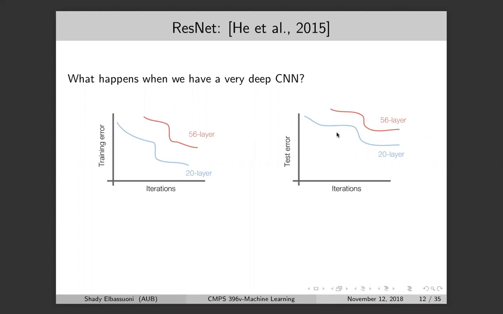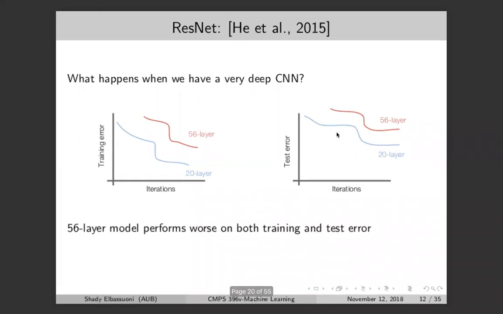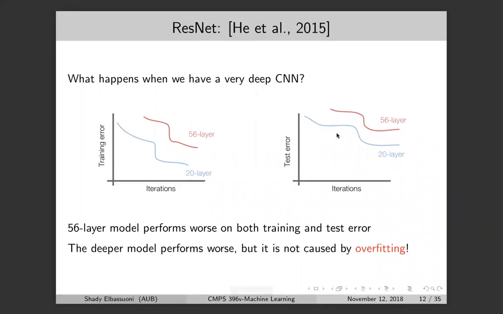The same thing for the blue curves. So it's not a generalization error. It's just that the deeper model performs worse both in training and testing. So it's not caused by overfitting. It's not that because the deeper layer has more weights and you have a certain fixed size of training data that you're overfitting. It's not overfitting because training error tracks the test error.